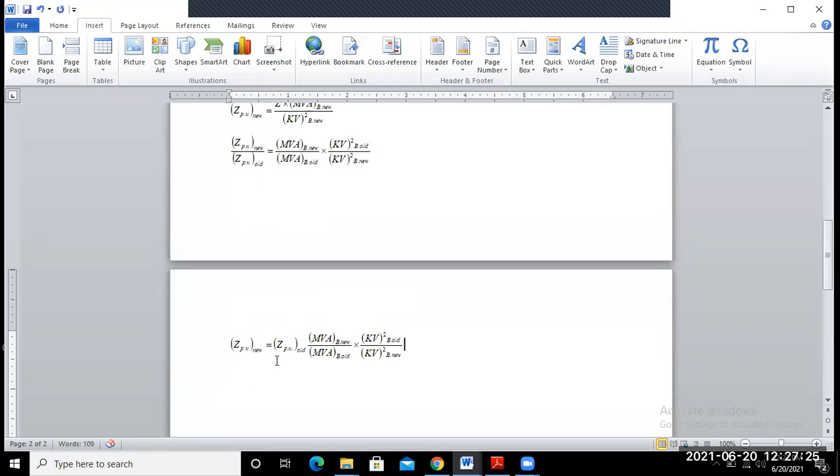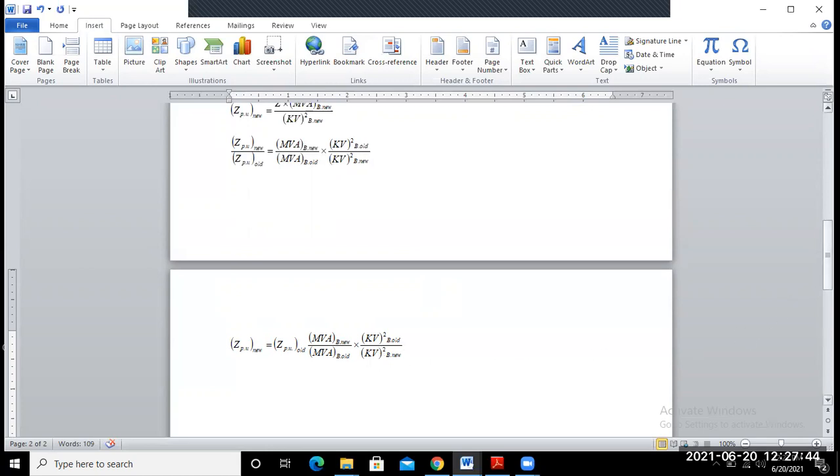That means impedance per unit new equal to impedance per unit old into MVA base new divided by MVA base old into kilovolt base old divided by kilovolt base new, whole square.